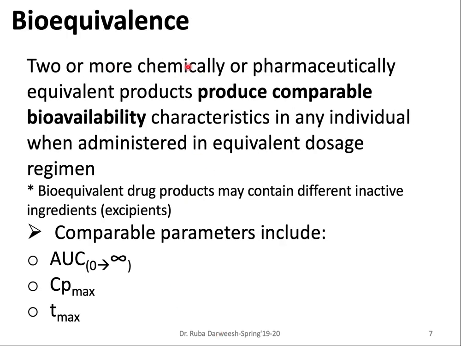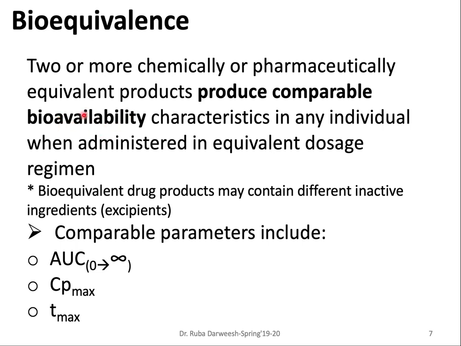When we are talking about bioequivalence, if you go back, it is related to this. We are talking about two or more equivalent products, for sure. So the same drug, same dosage form, same amount of the drug in the same dosage form, that produce comparable bioavailability. The meaning of comparable bioavailability is not identical, but we don't have a statistically significant difference between them in bioavailability.